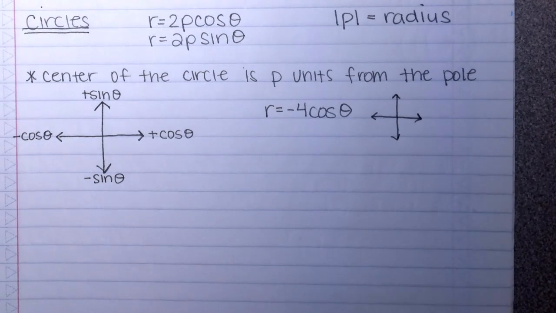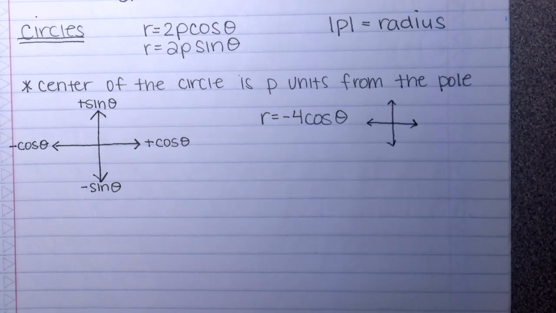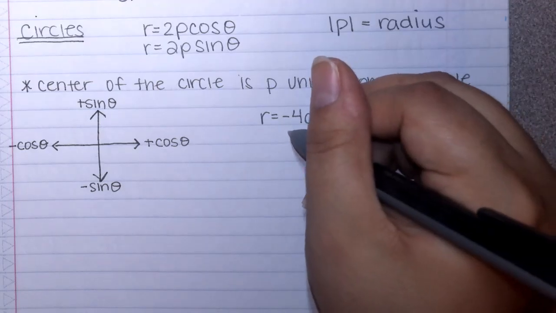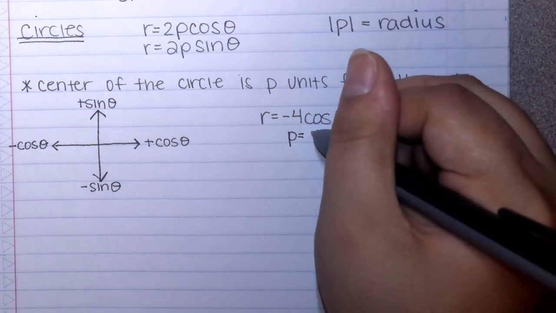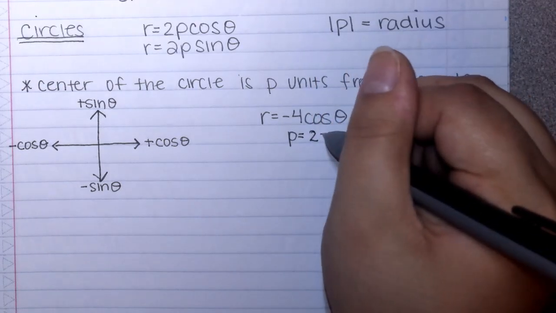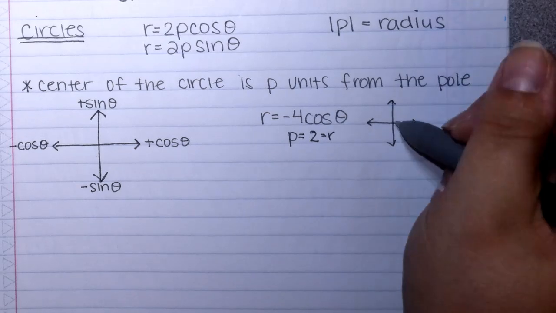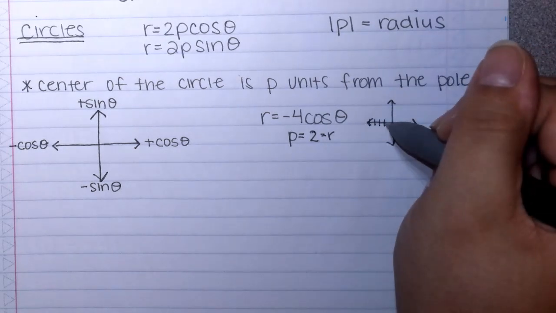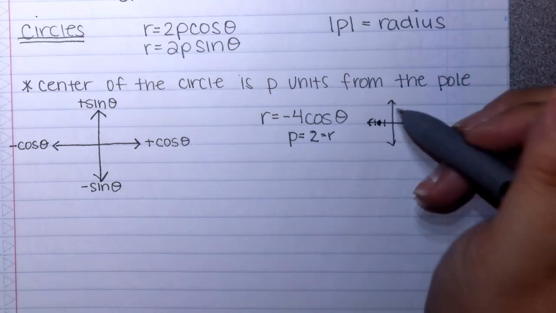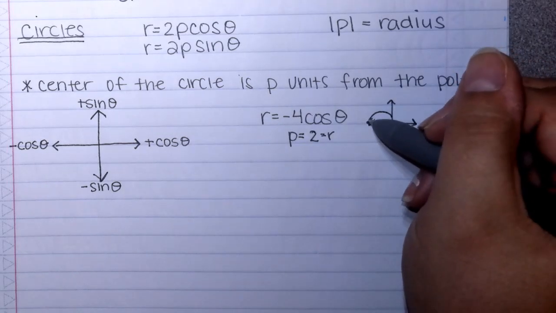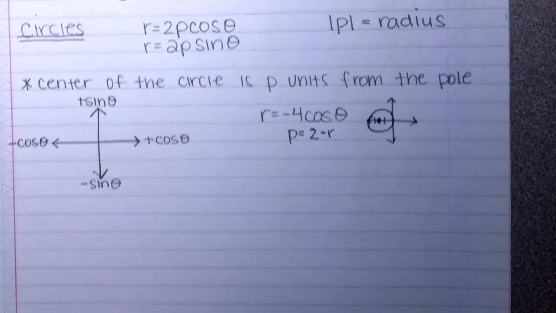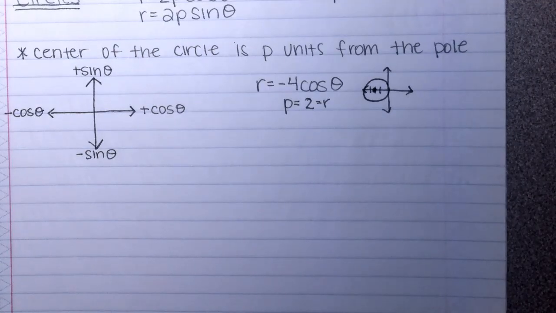I'm going to go left, not 4. What's my P? 2, which is your radius, remember? So I'm going to go left how many? 2. And then draw my circle. That make sense?